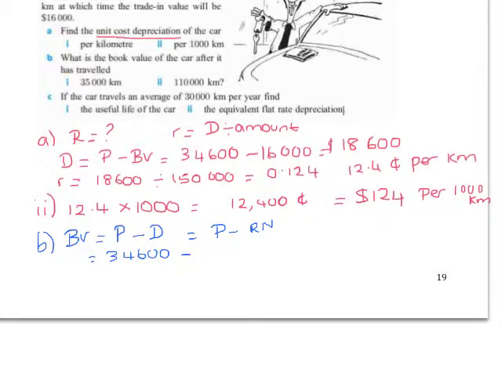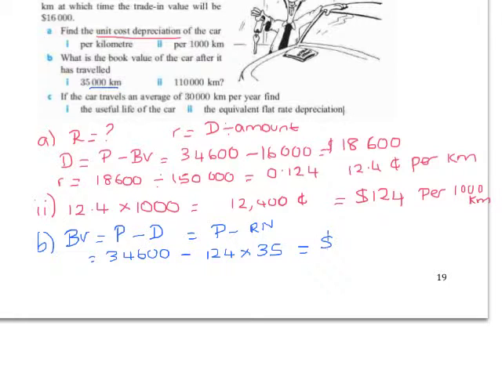Because we're doing 35,000 kilometres, we might as well use $124 per 1,000 kilometres, so 124, but we're only going to times it by 35. That's just going to make life easier.